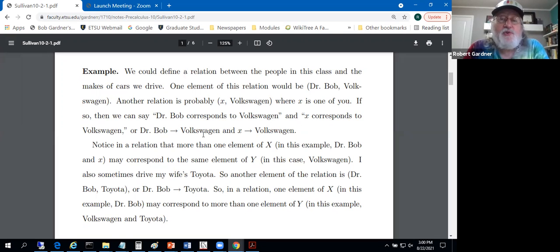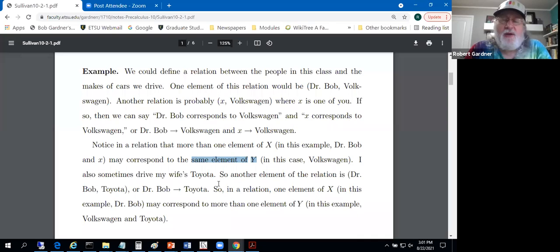That is, Dr. Bob is mapped to Volkswagen and x is mapped to Volkswagen. In this relation, we may have more than one element of X, for example, Dr. Bob and x, corresponding to the same element of Y, that is, corresponding to Volkswagen. So there may be more than one element of capital X that corresponds to the same element of Y in a relation.